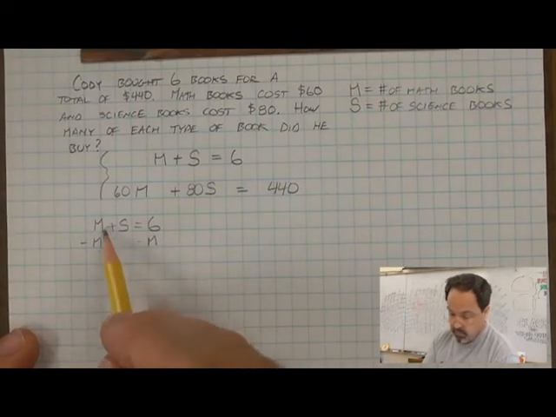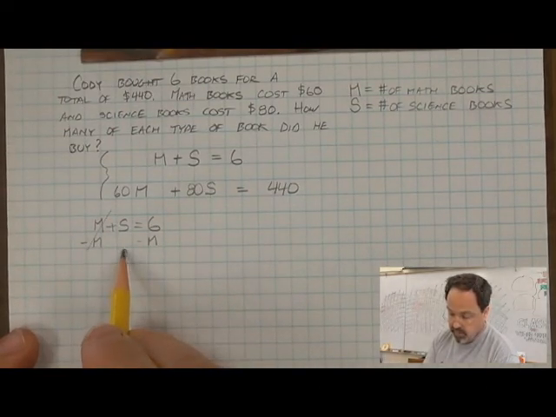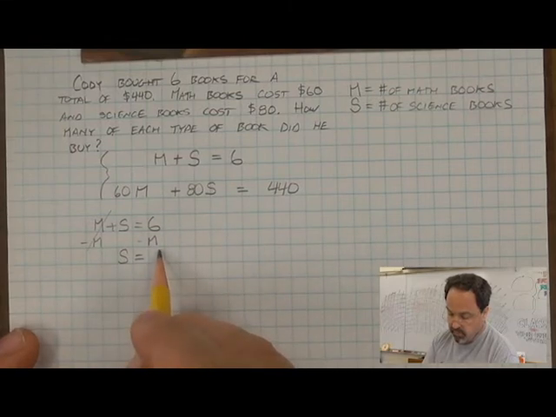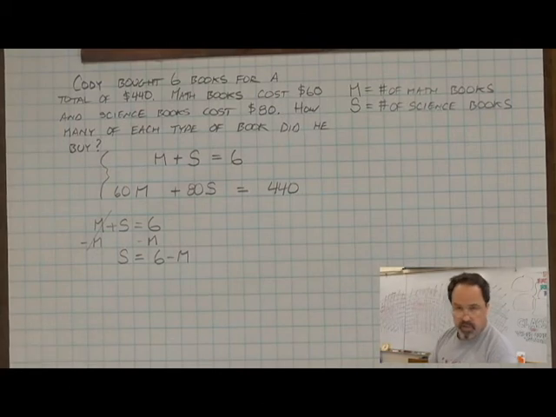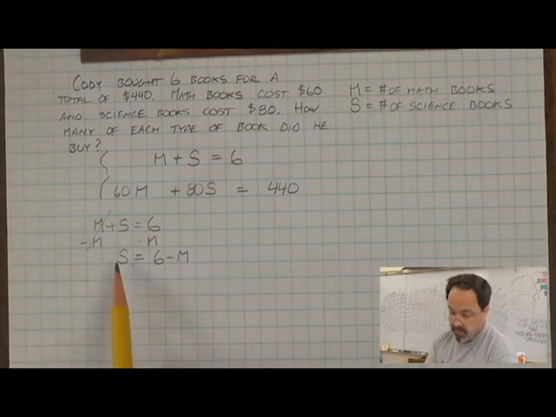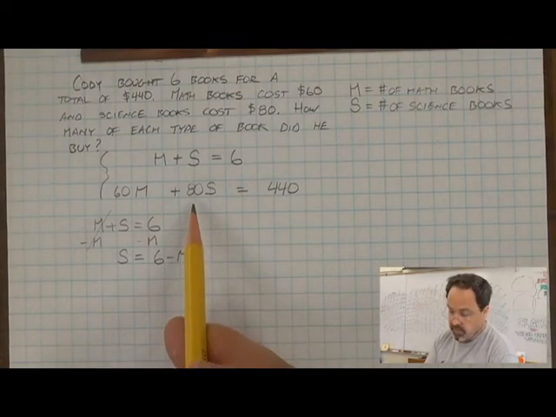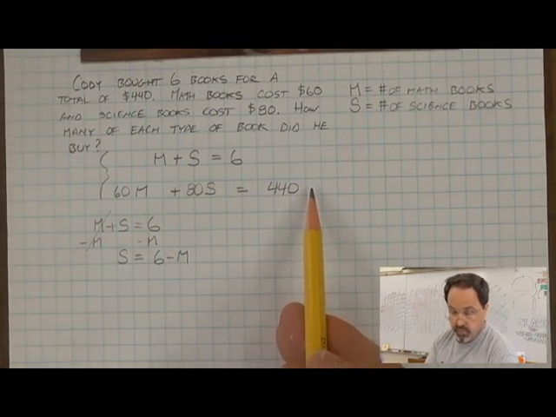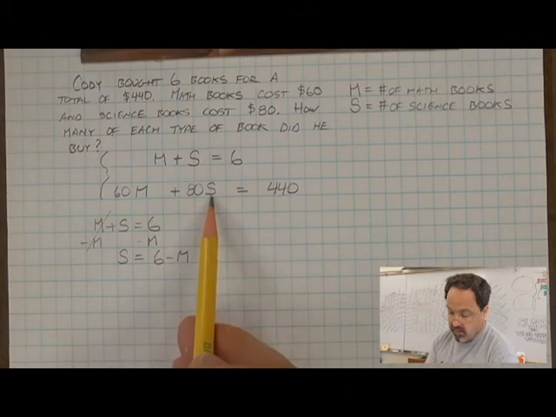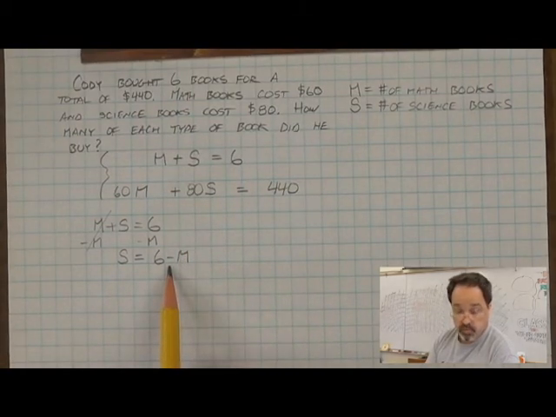And when I do, the m's cancel out here, leaving s on that side. And on the right side, I have 6 minus m. Why did I do that? Because if s is equal to 6 minus m, then I can take the second equation and substitute in for s what s is equal to.